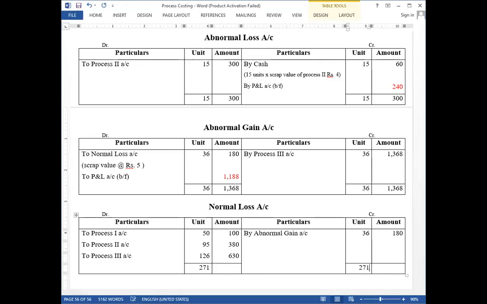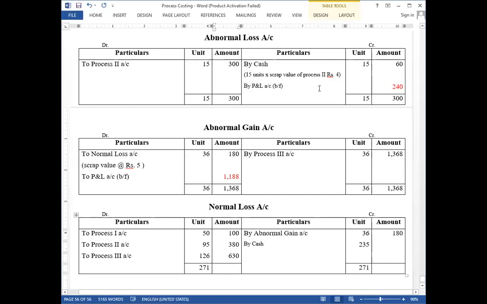Right, this side also 271 units. That means you expected that 271 units will become normal loss. But out of that, 36 units has become abnormal gain. So how many units can you sell for cash? 271 minus 36 units. That means you can sell only 235 units as normal loss for a scrap value of how much?